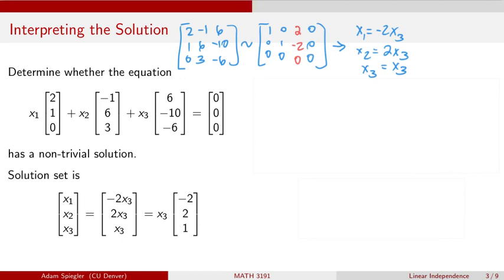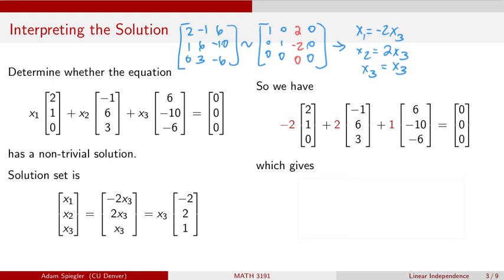This means the homogeneous equation we started with has an infinite number of solutions. Let's pick one of them: if I pick x3 equal to 1, then x1 is equal to -2 and x2 is 2, so I can plug that in. This is one possible non-trivial solution to this vector equation. What does that tell us about the relationship between these three column vectors?